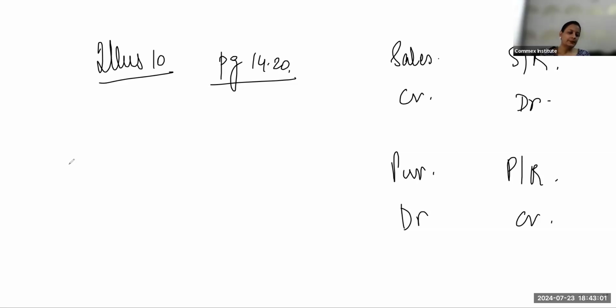Then in illustration 9, both the stocks are given, the opening and the closing stock. In that case, because we have purchases, we won't be showing the closing stock over here.